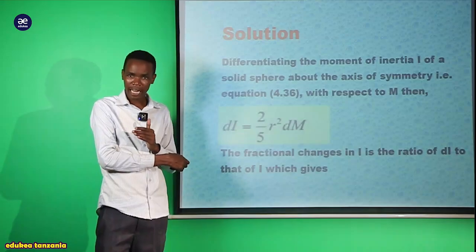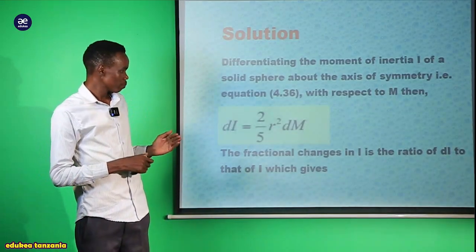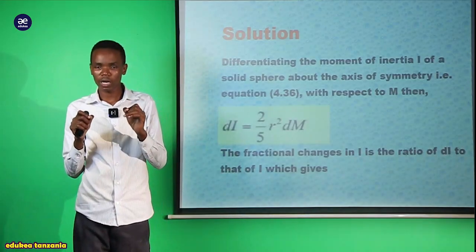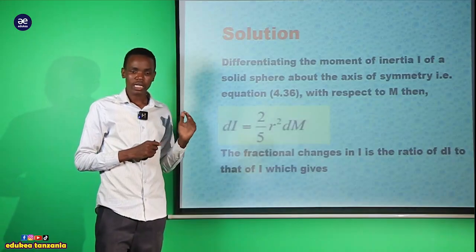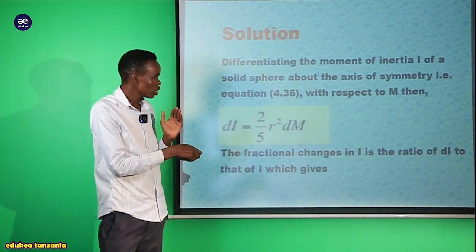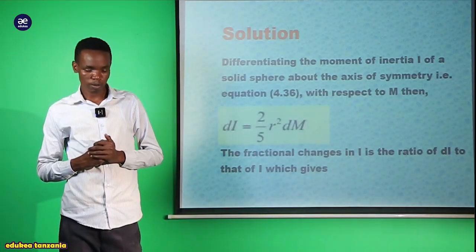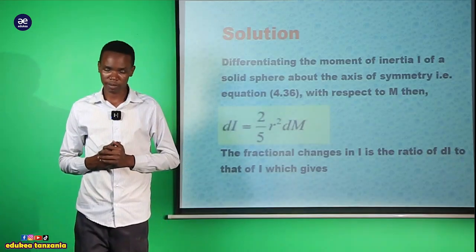But this dI represents the small change of the moment of inertia, while this dm represents the small change of the mass. And we have been told that we are supposed to differentiate our equation with respect to the mass.